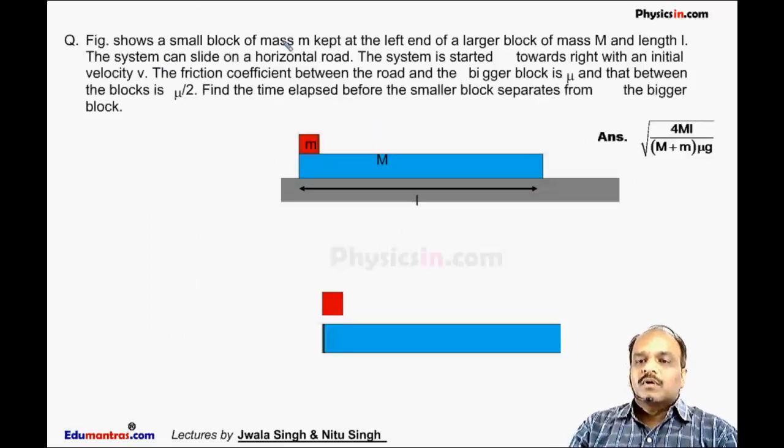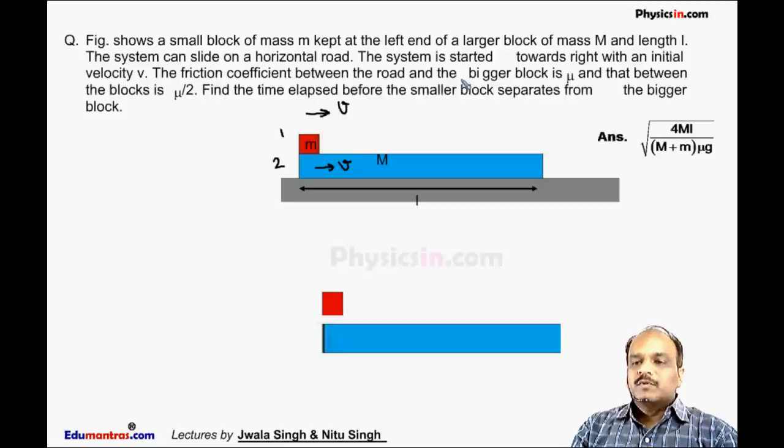Figure shows a small block of mass m. Let this block be 1, let this plank be 2. The length of this plank is L, the mass of this plank is capital M. The system can slide on a horizontal road. The system is started towards right with initial speed v. Let the speed of these two be v.